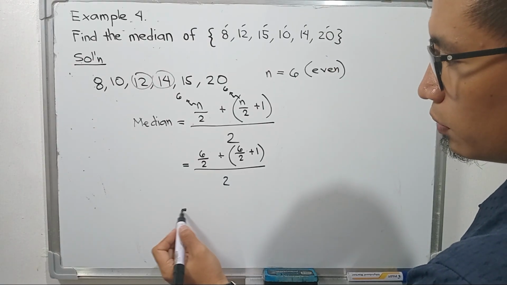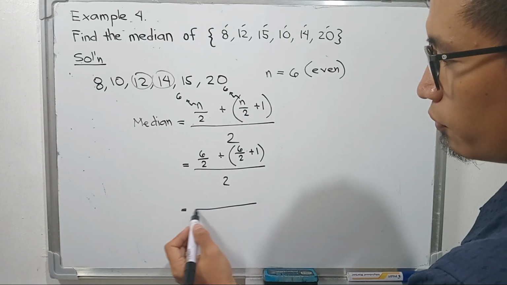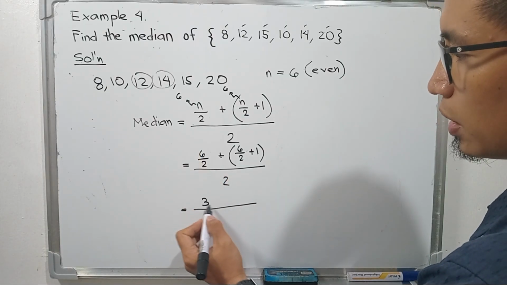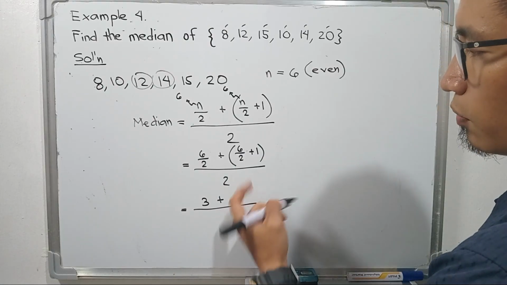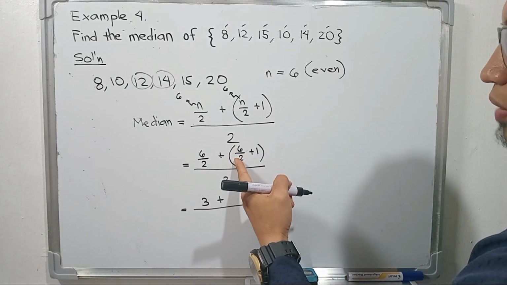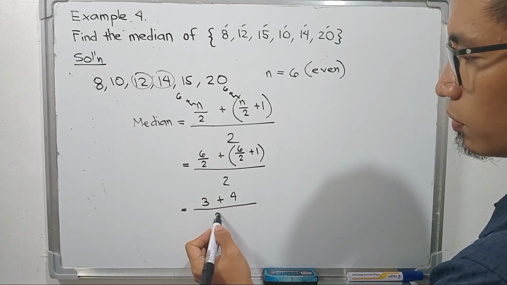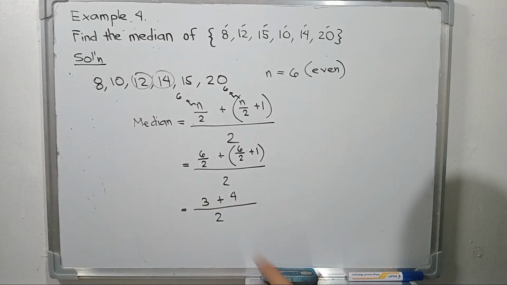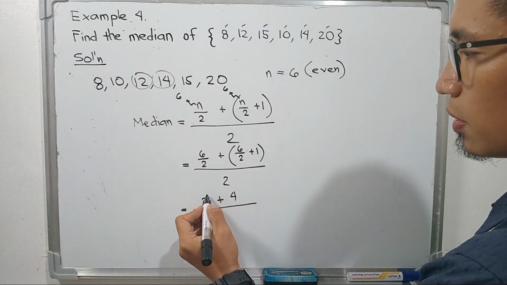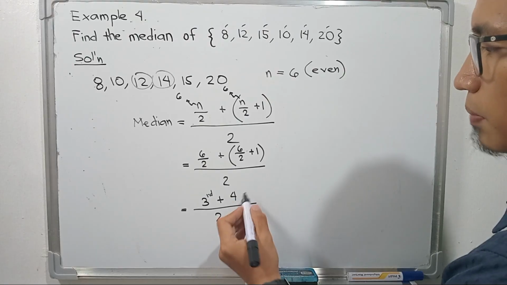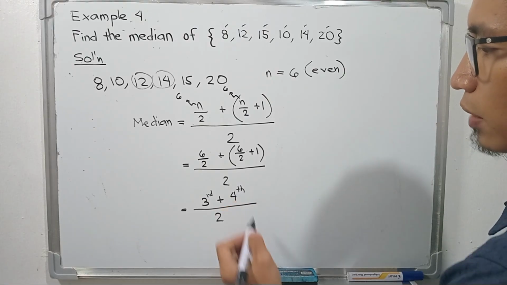And then let's continue solving. In the numerator, we have 6 divided by 2 is 3, plus we have 6 divided by 2 is 3, plus 1, we have 4 over 2. Okay, now 3 here means the third value, and then 4 here means the fourth value.